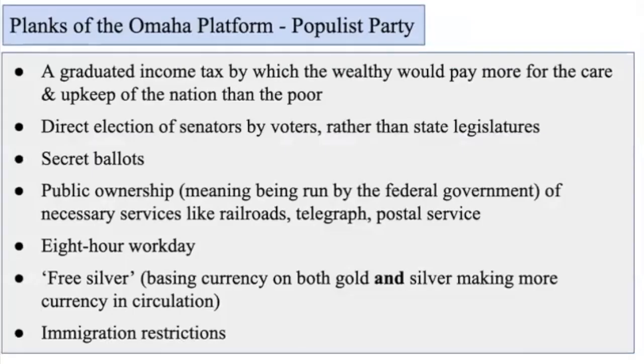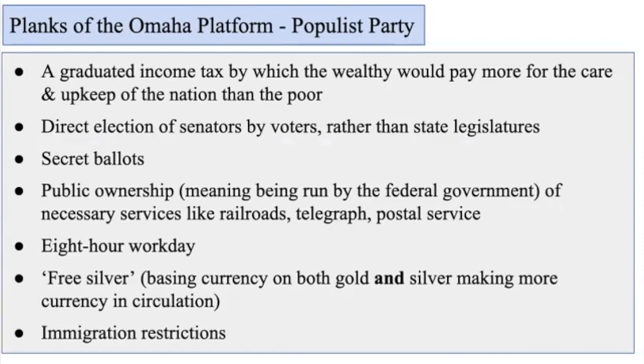Representatives of the Populist Party met in Omaha, Nebraska in July of 1892. A platform is the set of issues that a party metaphorically stands on. So each issue is referred to as a plank in the platform. Since the Populists met in Omaha, their set of favored reforms was called the Omaha Platform.